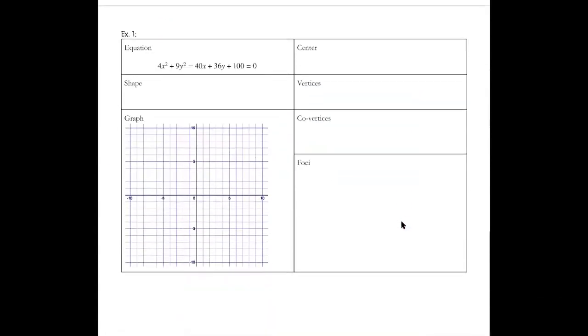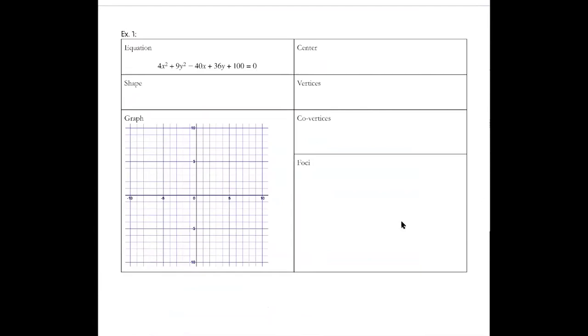But I kind of want to just jump right into example number 1 and use that to help us graph, okay? Very similar to the parabola, we've got an equation. We're going to have to complete the square, and we're going to complete the square below. Once we complete the square, we're going to have our center.